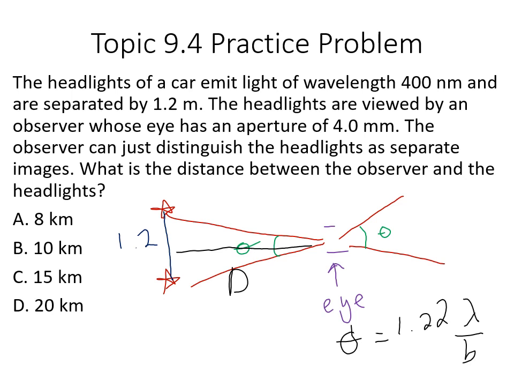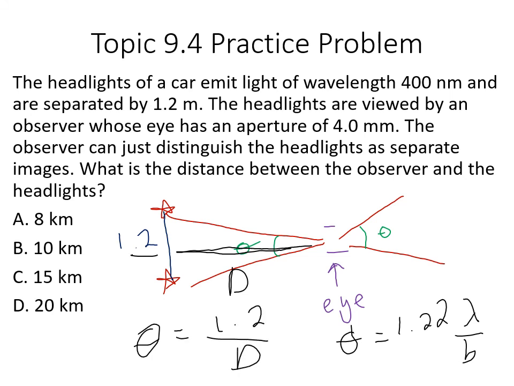And in this case, my theta should also equal 1.2 divided by the distance, the opposite side over the adjacent. This 1.2 is opposite, and the adjacent is D. So theta also equals 1.2 over D.